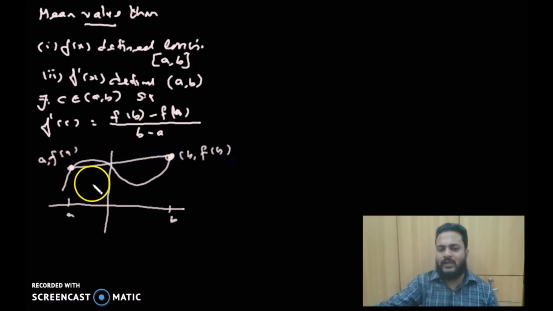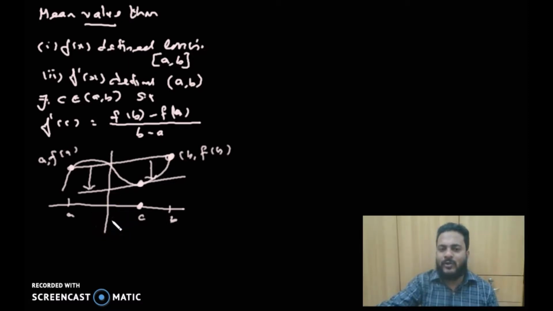You will be getting a line joining these 2 points. And as per the mean value theorem, you will be having another point c between this a and b, at which you will be getting a line parallel to the above line. That is the concept of the mean value theorem.